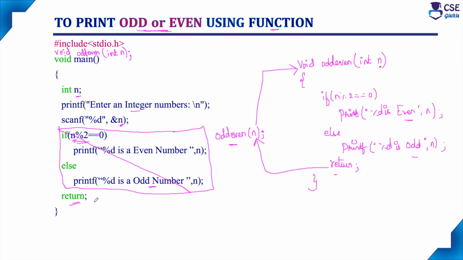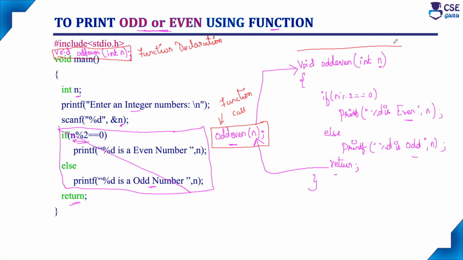So this is nothing but the user-defined function concept. This statement, if you consider, is the function declaration or function prototype. And this statement we have used within the main function is the function call. And this whole thing is the user-defined function, that is the function definition.